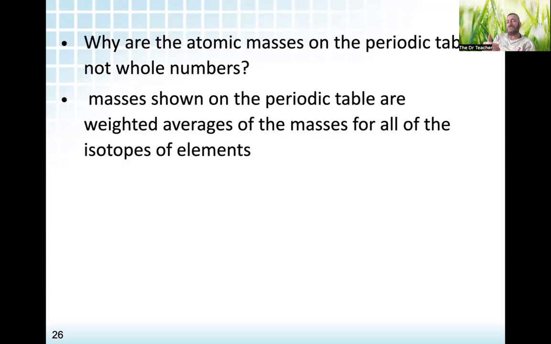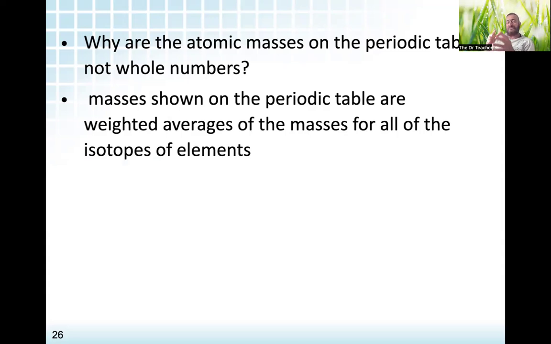There is a percentage in which we can find this element in different isotopes. Isotopes are the same element with the same atomic number, the same number of electrons and protons, but they differ in the neutrons. The neutrons and protons are inside the nucleus.